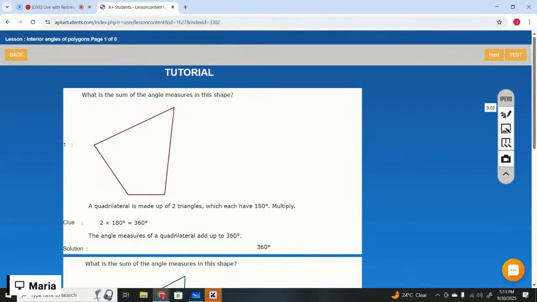So, a quadrilateral is made up of two triangles, each of which has 180 degrees. So we need to multiply 2 times 180, which is 360 it is.